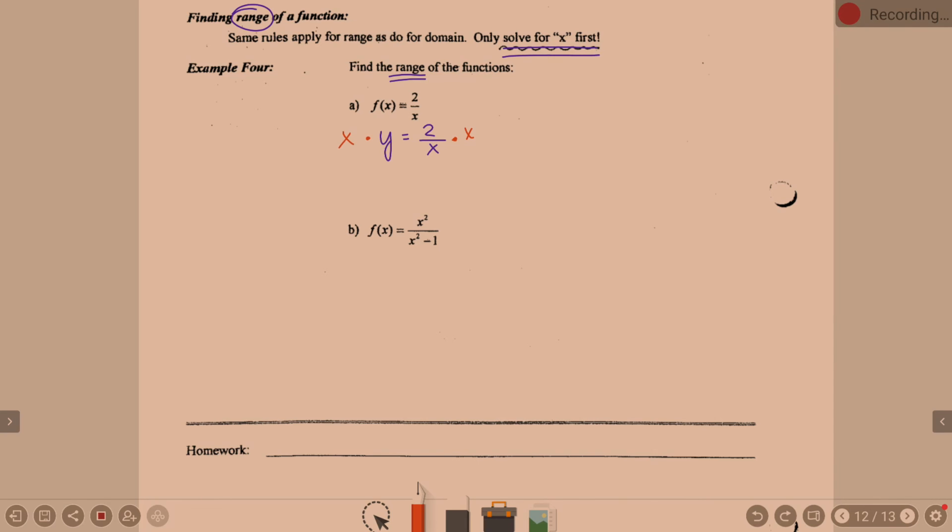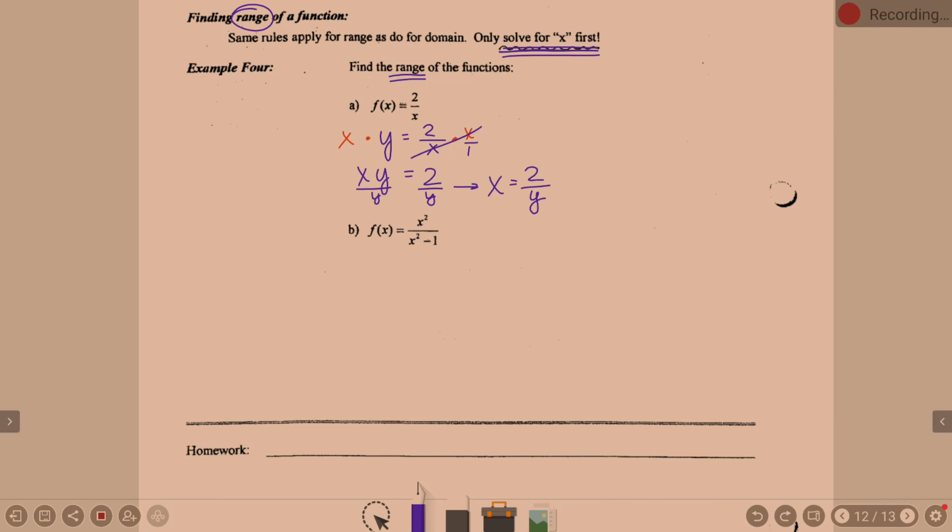If I multiply both sides by x, x times y is xy. 2 divided by x times x is just 2. My brain wants to say solve for y, but I'm solving for x. So how do I solve for x? Divide by y. And x is 2 over y.